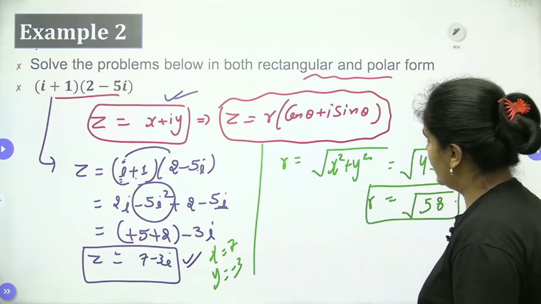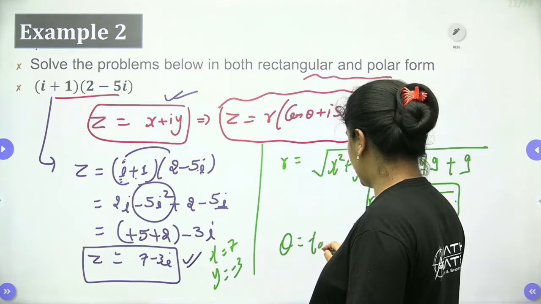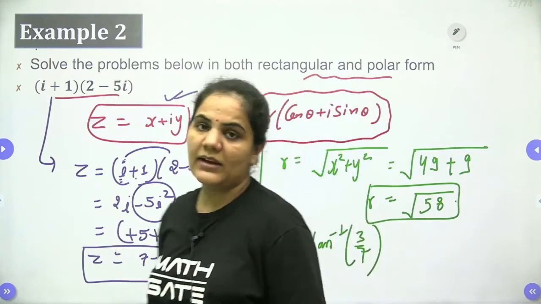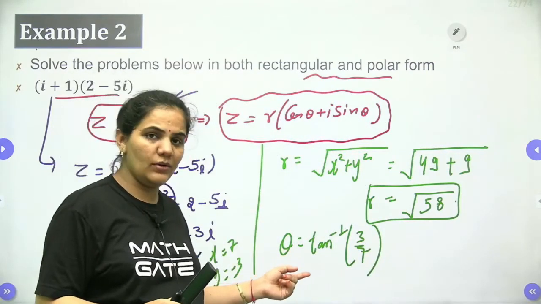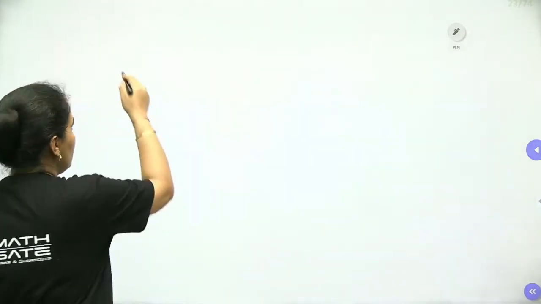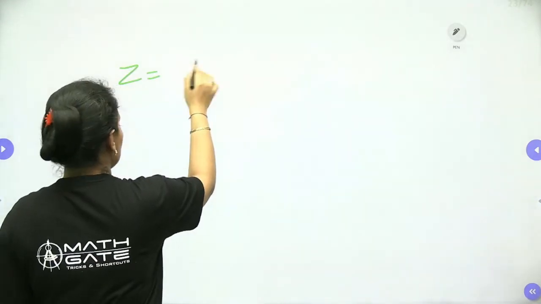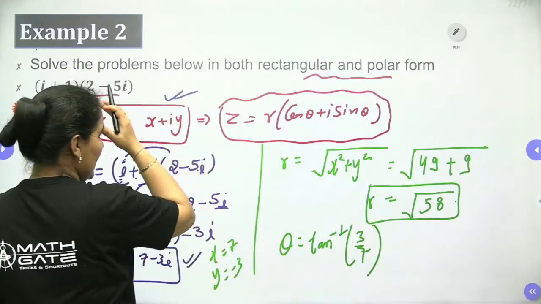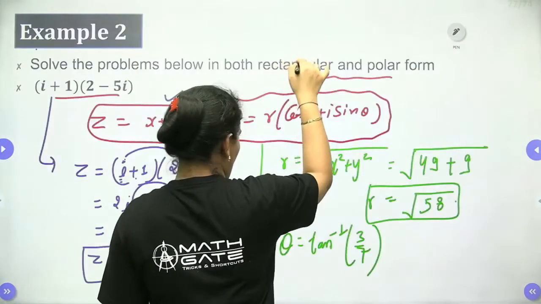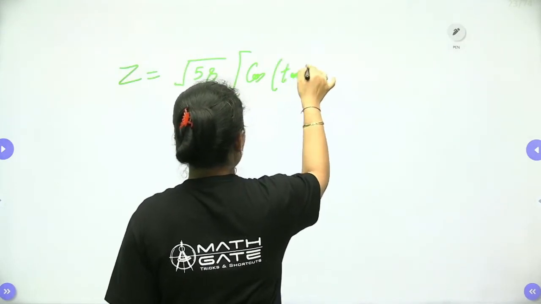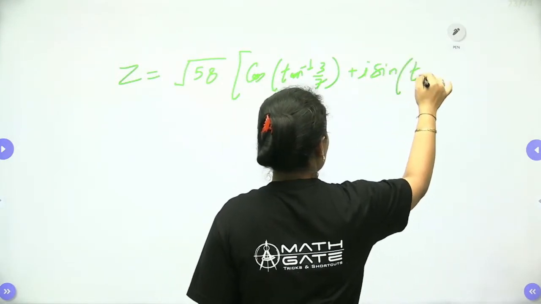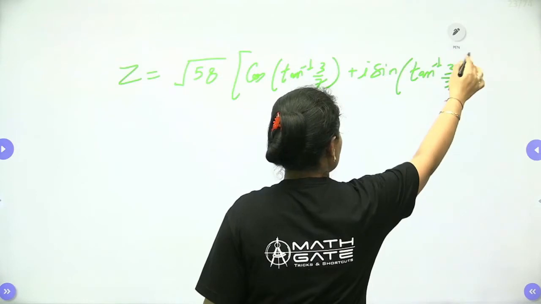This is the r, and theta is equal to tan inverse y by x. We are having here 3 by 7 only. As I don't have a calculator, if you want to calculate, you can calculate from here. Otherwise, when we don't have the option, we can leave the angle in this form only. So the polar form: z is equal to r, that is root of 58, cos theta, meaning tan inverse 3 by 7, plus iota sin theta, meaning again tan inverse 3 by 7, guys.